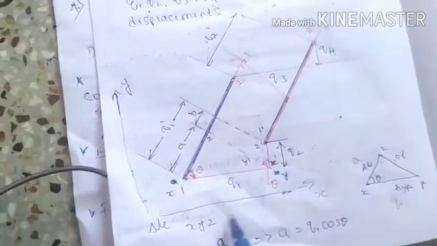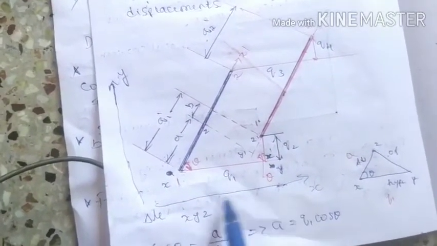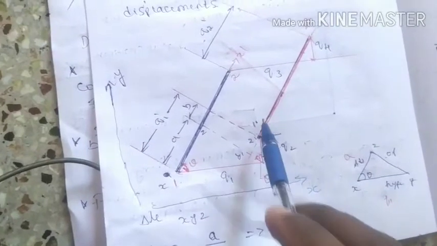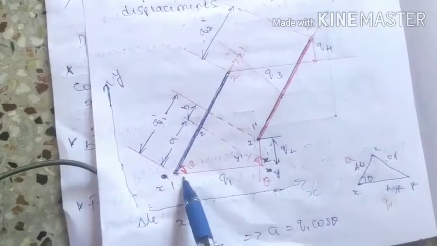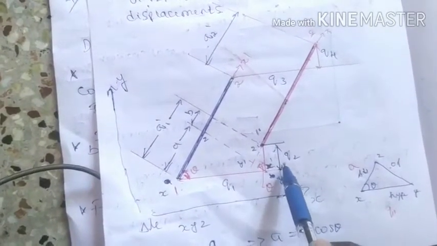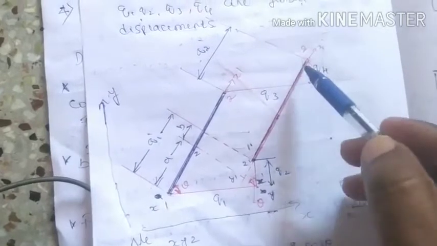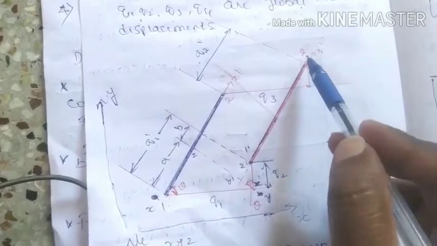With respect to the global coordinate system, each node has 2 degrees of freedom, one moving along the x direction as well as the y direction. So node 1 takes an x direction displacement, according to the global system, of q1, and in the y direction it is q2. Similarly node 2 along the x direction is q3 and along the y direction is q4.